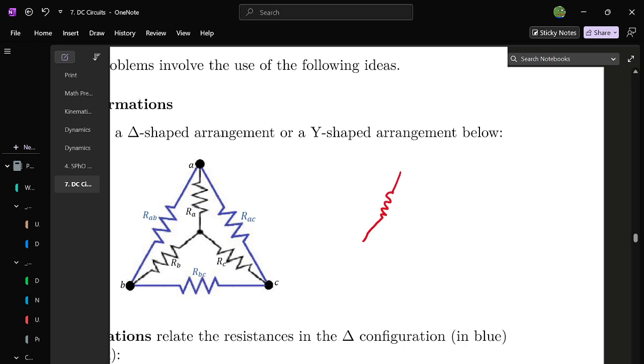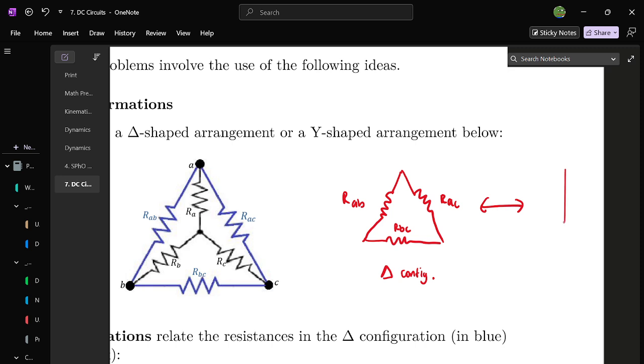This is the one in blue in the figure. So this is the delta configuration. What it states is that you can always convert between a delta configuration and a sort of Y configuration like that.